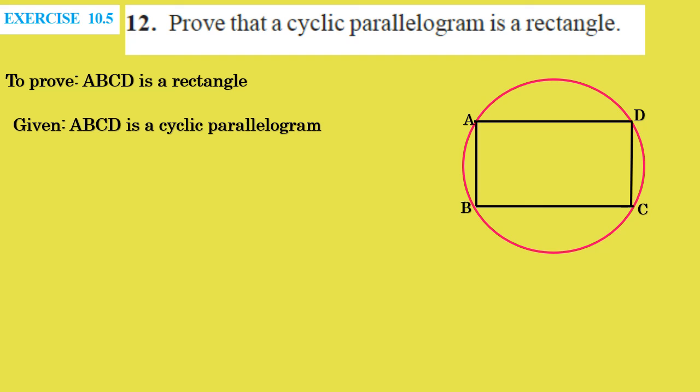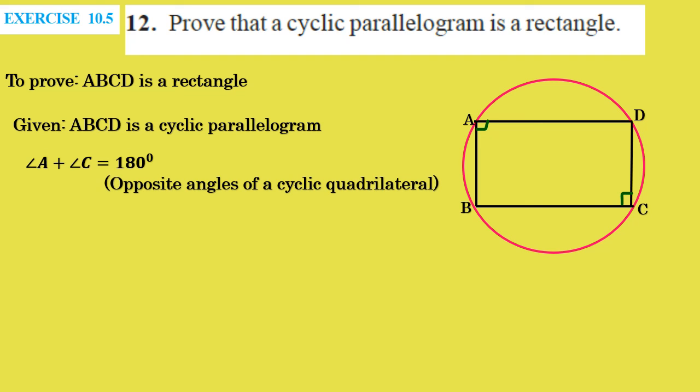Given that ABCD is a cyclic parallelogram, angle A plus angle C is 180 because opposite angles of a cyclic quadrilateral sum to 180. But angle A equal to angle C, why? Because it is a parallelogram. Opposite angles are equal in a parallelogram.